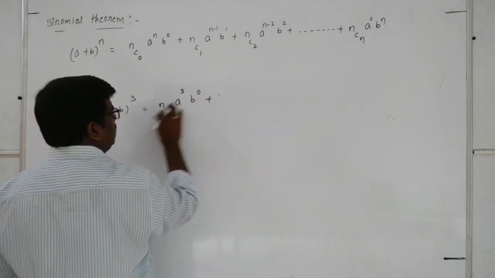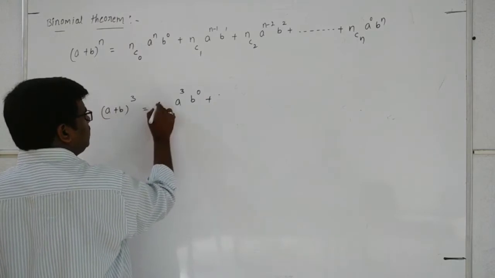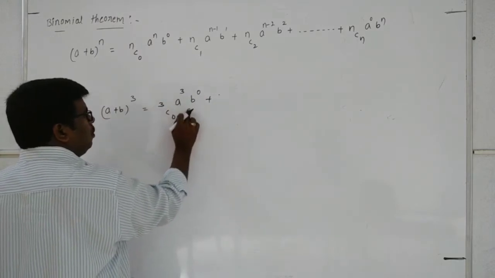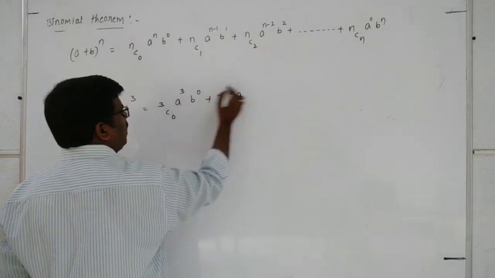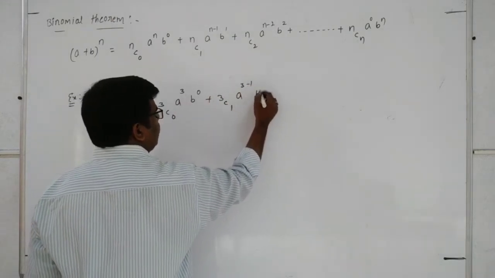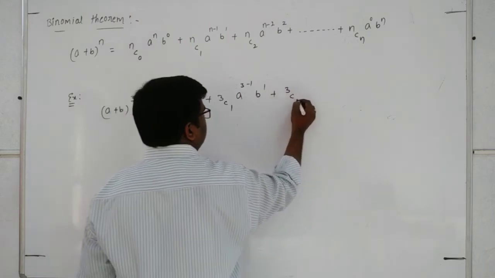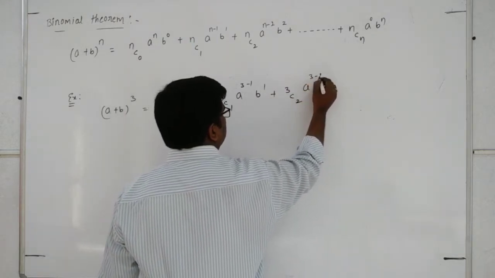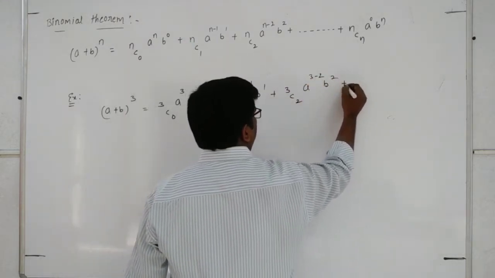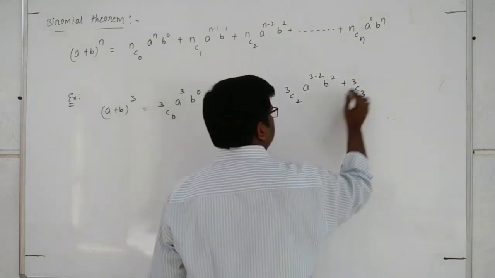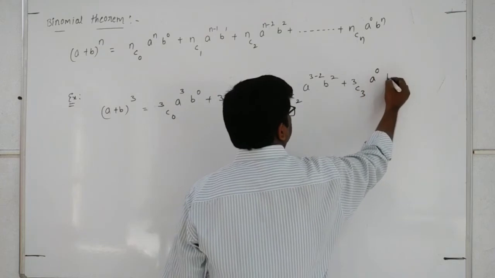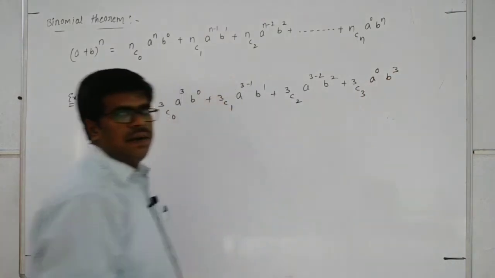So 3C0 a cube and b power 0. Next 3C1 a power (3 minus 1), b power 1, plus 3C2 a power (3 minus 2) into b power 2, plus 3C3. So 3C3 is a power (3 minus 3), meaning a power 0, b cube. Like this we can expand.